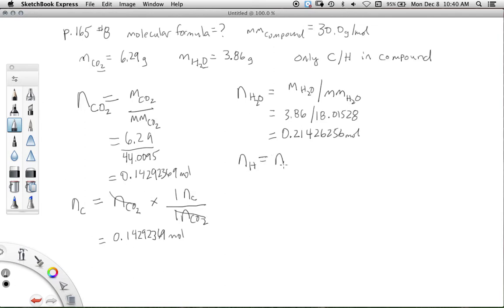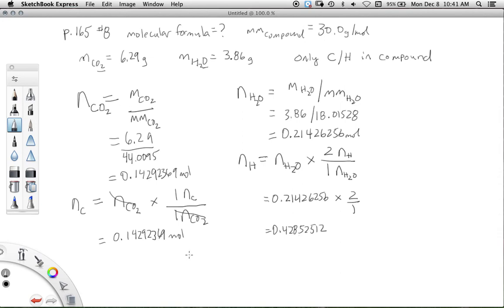So moles of hydrogen equal the moles of water times 2, because there are 2 moles of hydrogen for every 1 mole of water. So that effectively is 0.2142626 times 2, which equals 0.42852512.